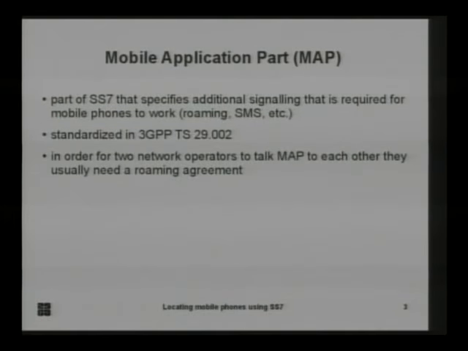For two network operators to talk MAP to each other, they need a roaming agreement. That means you can't log onto a network where your network operator doesn't have a roaming agreement. So every network operator has to have roaming agreements with every other network operator that he wants his customers to be able to log into.